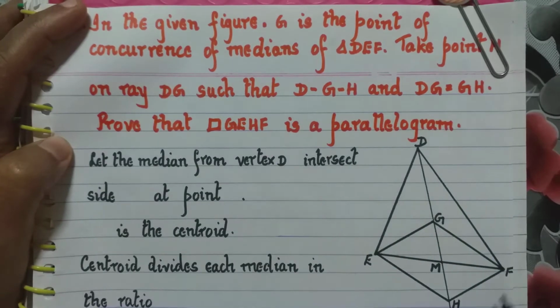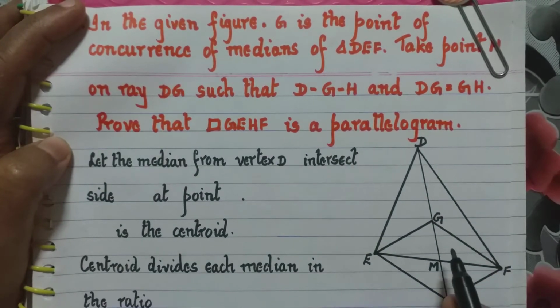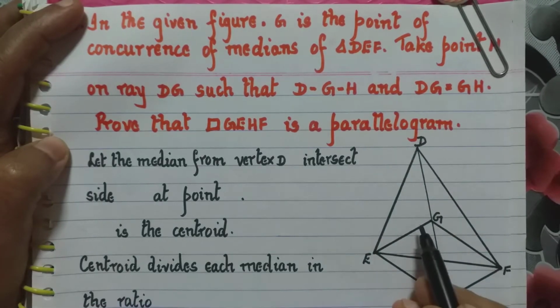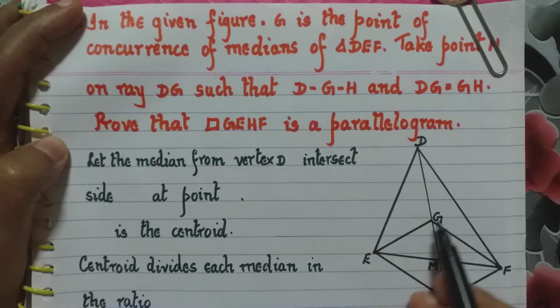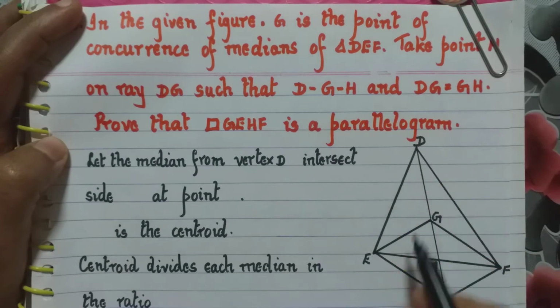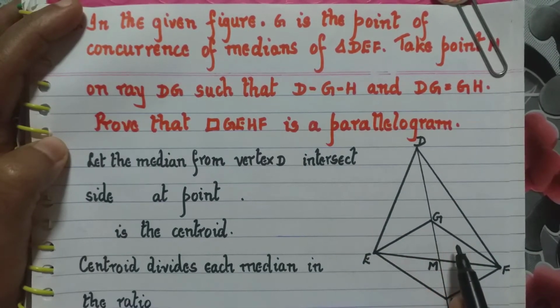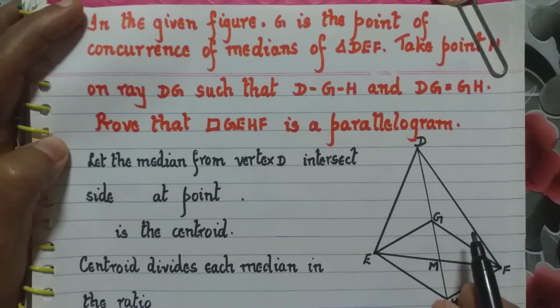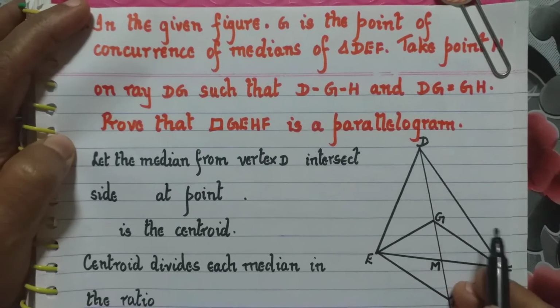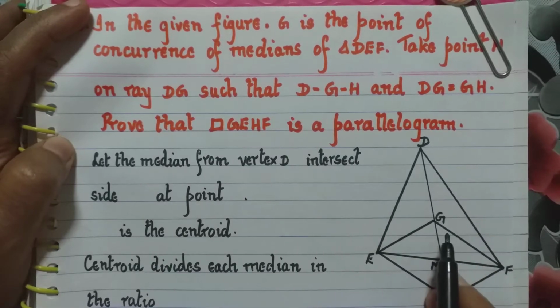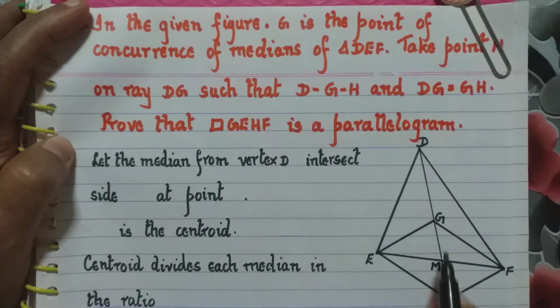Now they have given a figure here where they are saying that G is the point of concurrence of the medians. You can see here the three medians of the three angles of this triangle are meeting at the point G. So it is the point of meeting or the point of concurrence of these medians. Now they are saying to take a point H on ray DG.